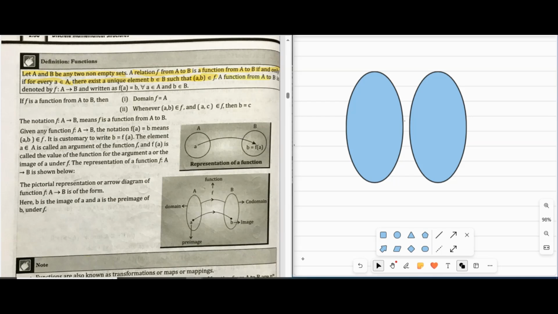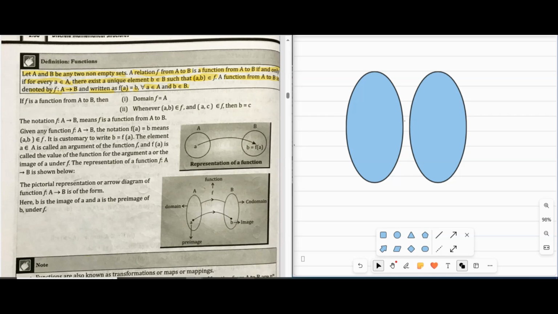A function from A to B is denoted as f from A to B and is written as f(a) = b for all small a belongs to capital A and for all small b belongs to capital B.